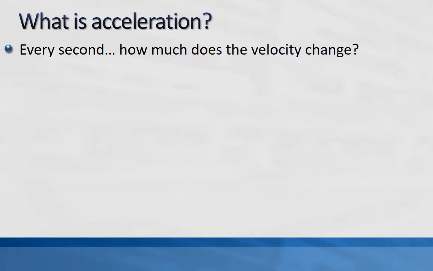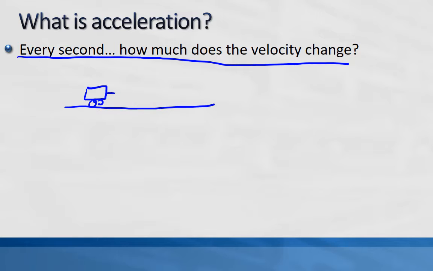Another helpful way to think of acceleration is how every second, how much does the velocity change? This is a really important idea. Let's say the car is starting from rest, and the acceleration is positive 3 meters per second squared. After the first second, how fast is it going?